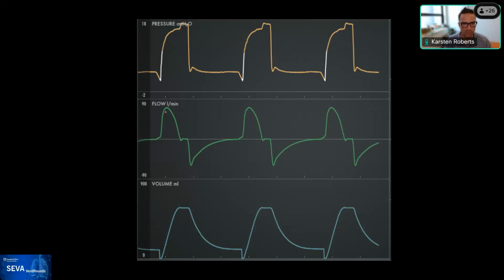And if we look at the pressure waveform and we square that off the way that we would expect it to, it accounts for the work of breathing that is happening in this particular patient. And we see the same thing happening where we have a plateau at the end of the breath.